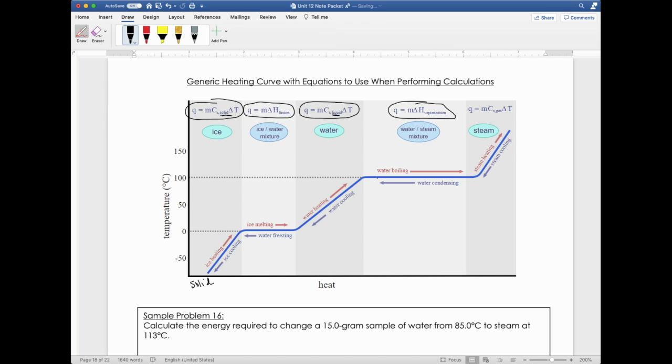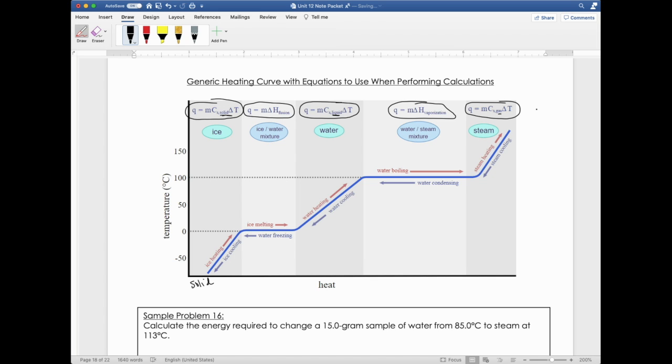And notice that this line is much longer than the one below it. That's because it requires a lot more energy to boil off that water. We have to break all of those hydrogen bonds. And once all of my sample has vaporized, I can then raise the temperature of that gas by using the equation Q equals MC for a gas, delta T.